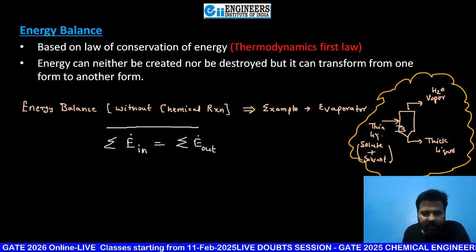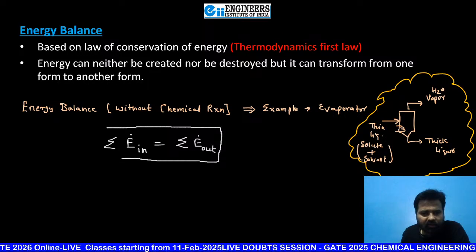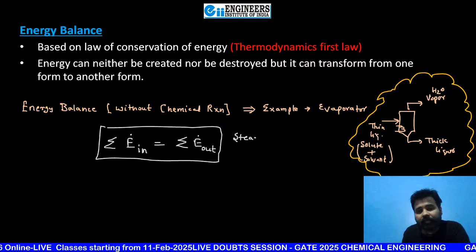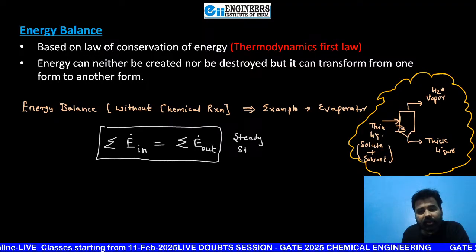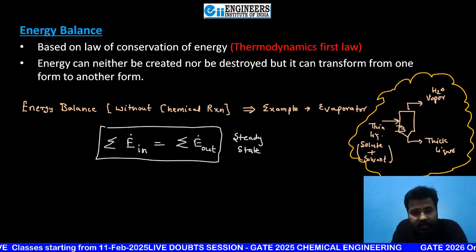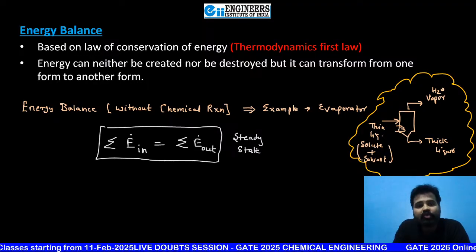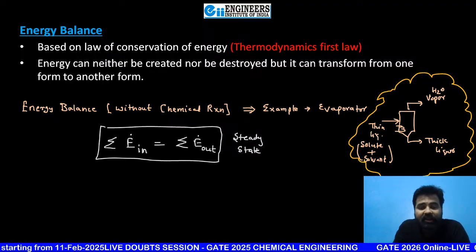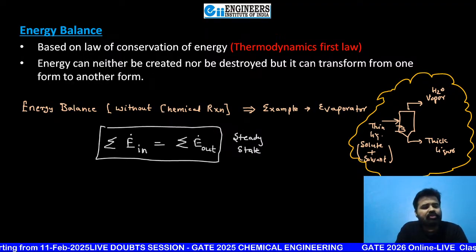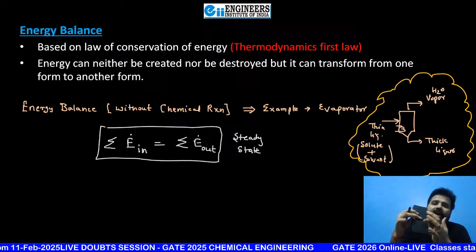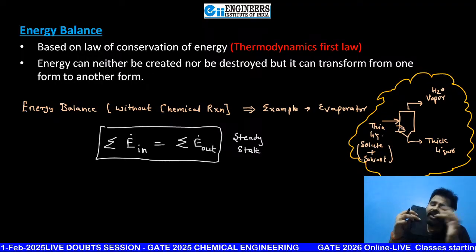Again, my dear students, this balance is valid only if steady state is there. Steady state means your system is not going to accumulate energy with respect to time. Suppose this is your system, and from this side I apply some heat, like 100 joule.